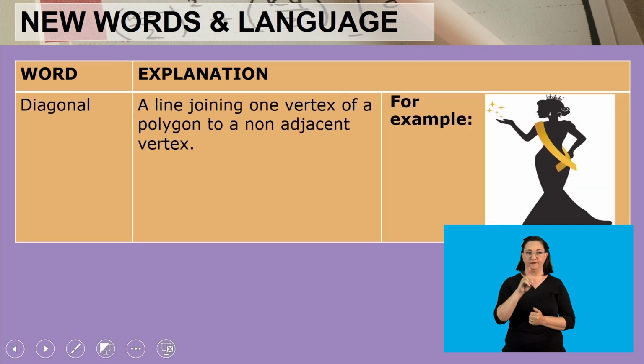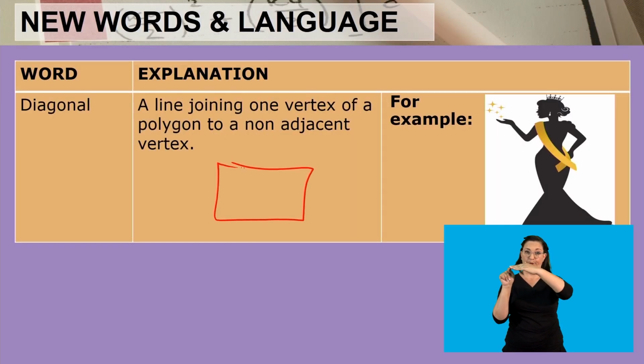And then a diagonal is a line joining one vertex of a polygon to a non-adjacent vertex. Remember, adjacent means they are next to each other, and this one is non-adjacent. Let's draw a quad, and in that quad we then have a diagonal that will start from one side to the other, touching sides that are non-adjacent, which are not close to one another.